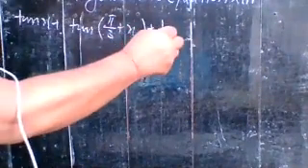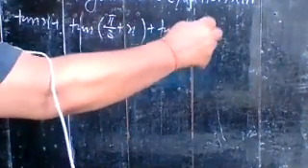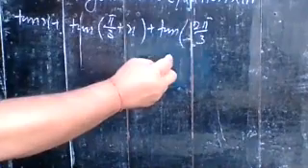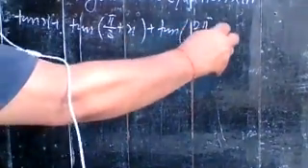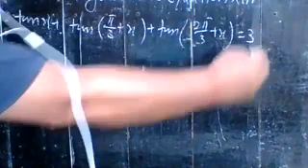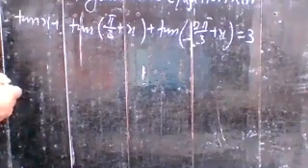So your next question: solve tan x plus tan of pi by 3 plus x plus tan of 2 pi by 3 plus x is equal to 3.